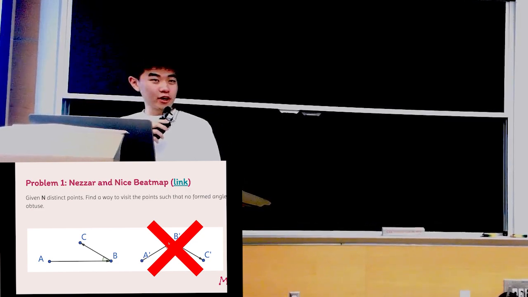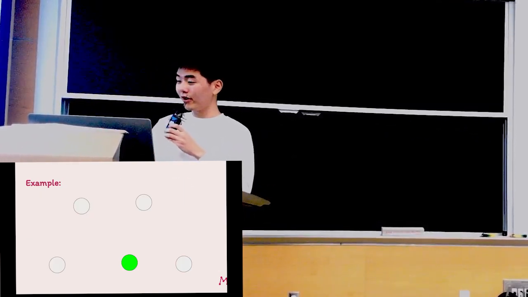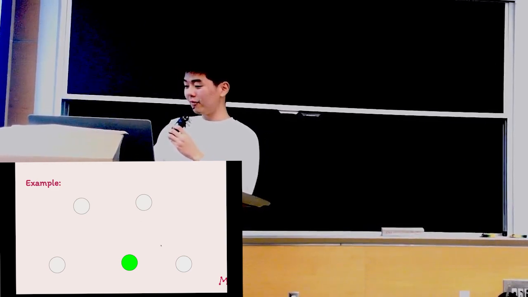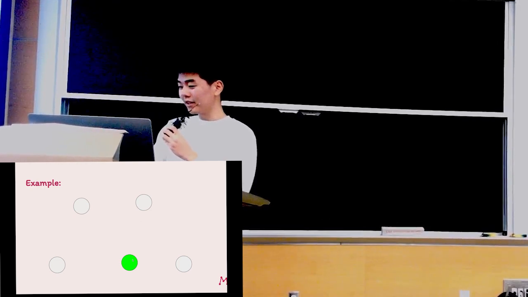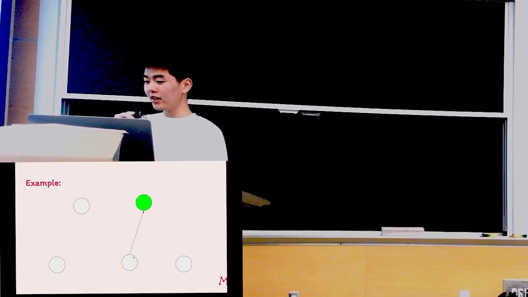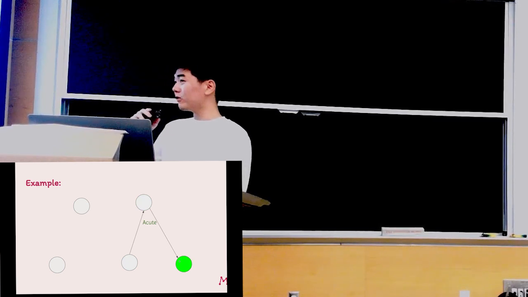For a bigger example, let's say we have these 5 points, and we start at the green one. One valid path would be we first go to this green node and then this green node, forming an acute angle, which is good.